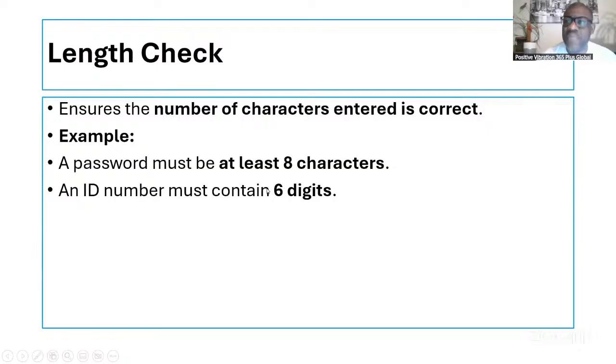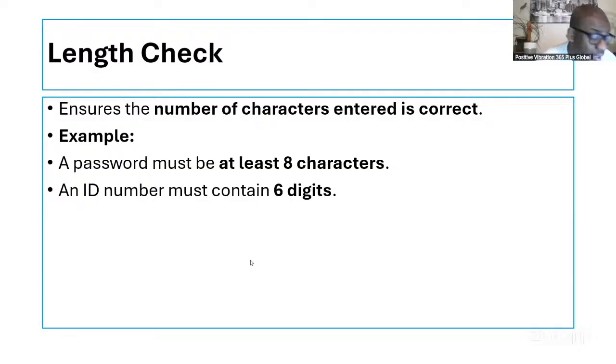In Jamaica, how many digits are in a TRN? How many digits are on your TRN? Where are the people who are up to date with their facts? I can't believe it. Hello?